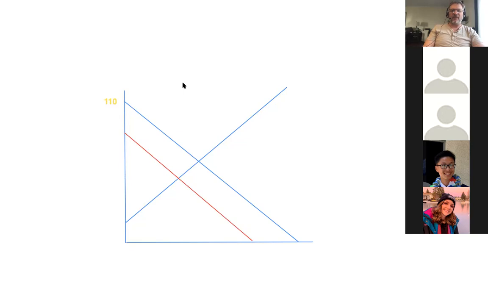So hopefully it's clear what we did was move the demand curve down by the amount of the tax. So now we're at 95.